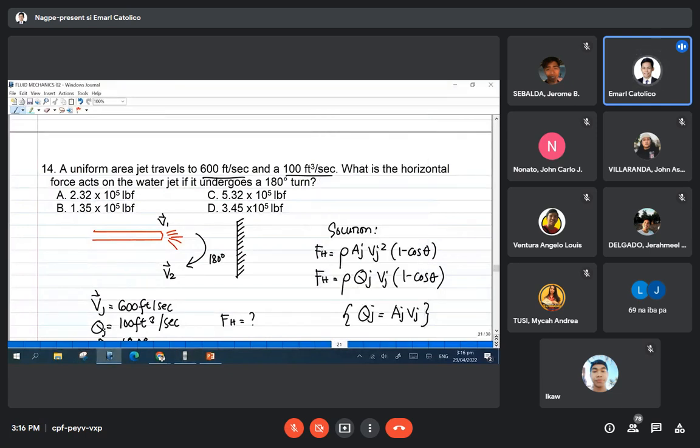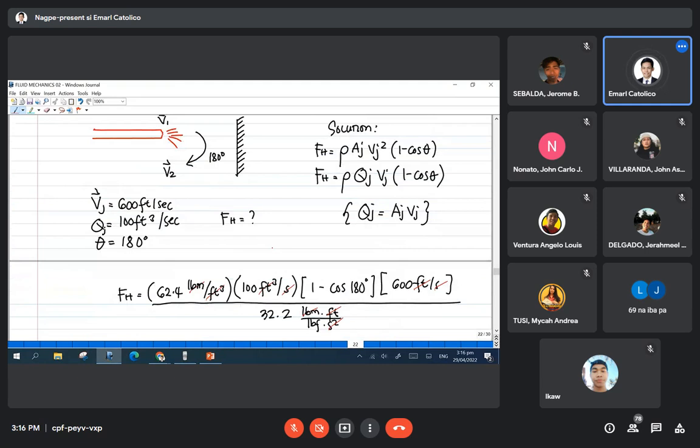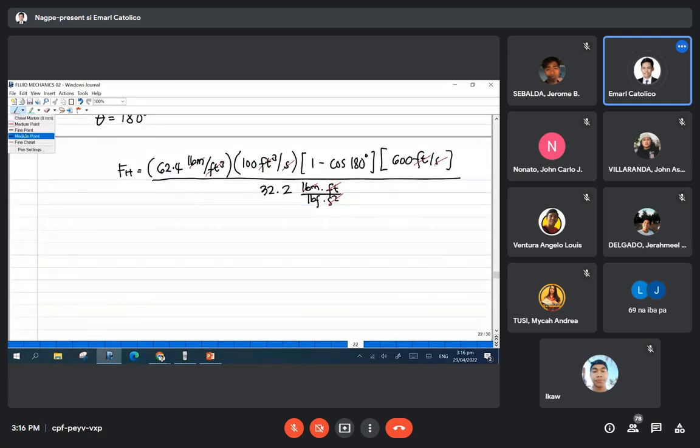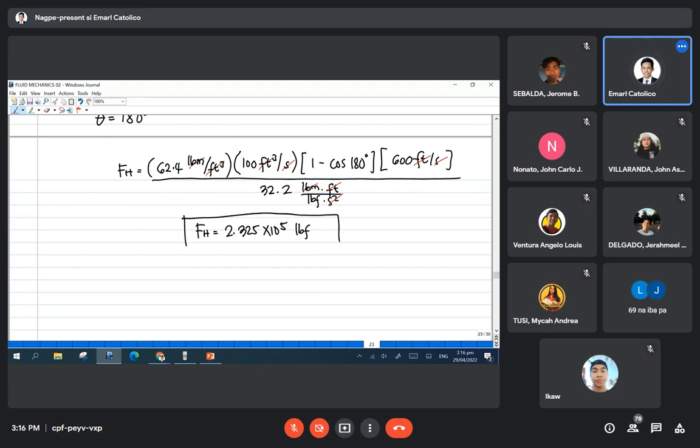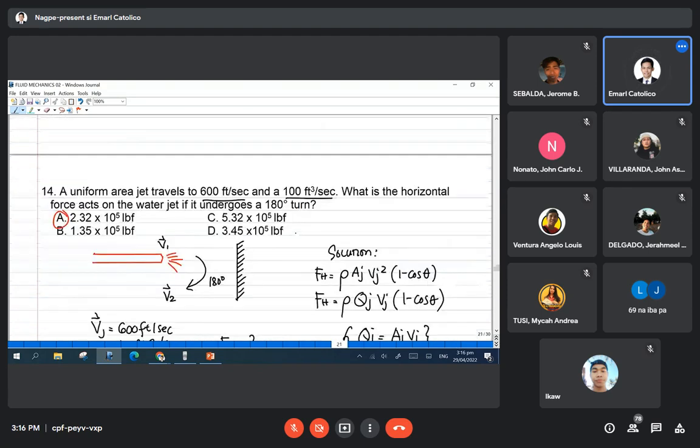Yun, letter A. 2.325 times 10 raised to positive 5 pound force. Okay. So, yun na ang number 2.